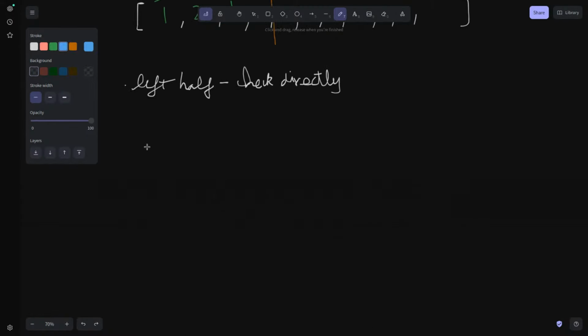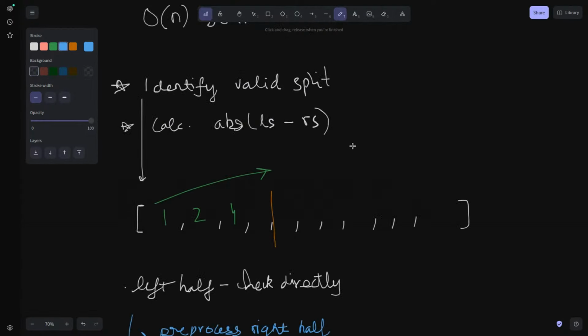One thing we can do is some pre-processing. Pre-process the right half. For each position I, we can pre-process whether it's a valid right half or not.